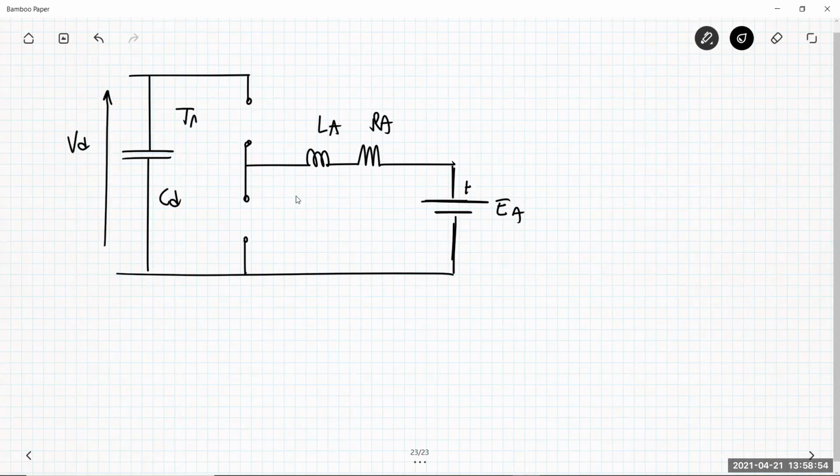You have TA plus and TA minus that are both off. So there is a small fraction of the period in which they are left open.